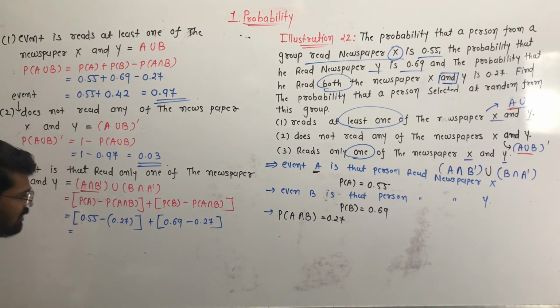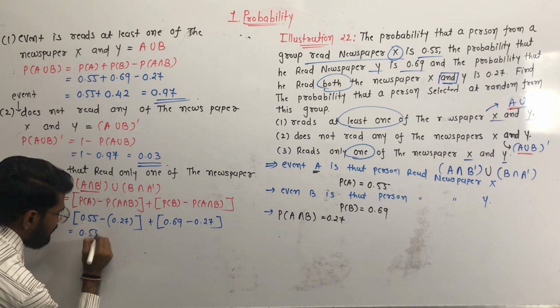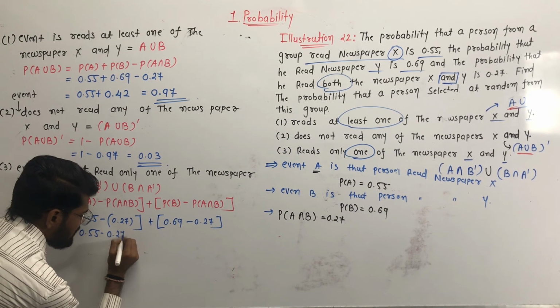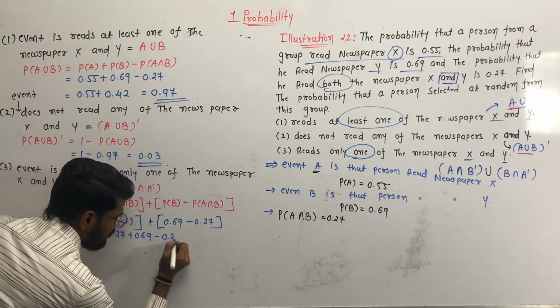Okay, so put the value here: 0.55 minus 0.27 plus 0.69 minus 0.27.